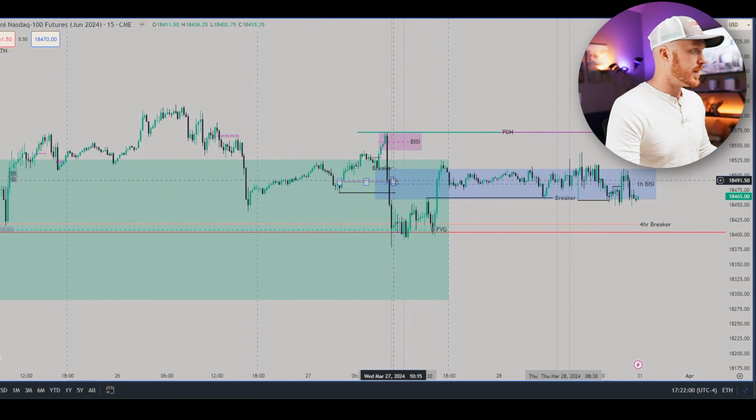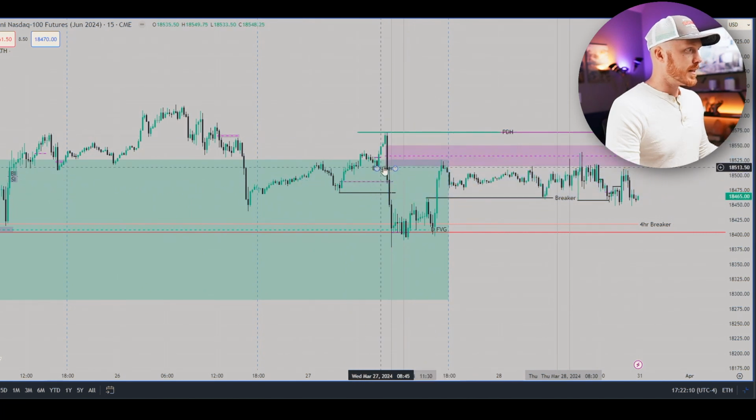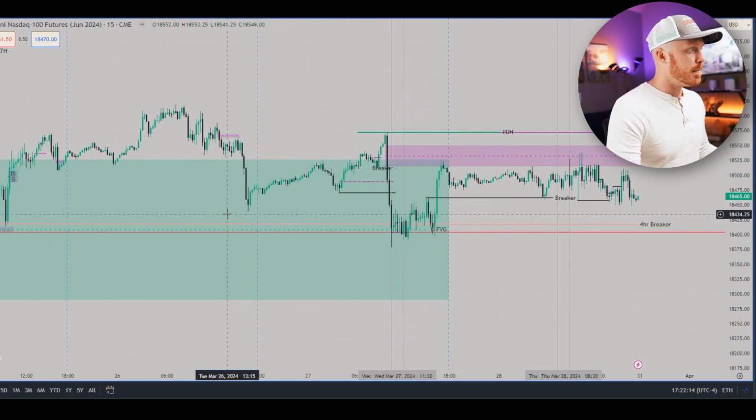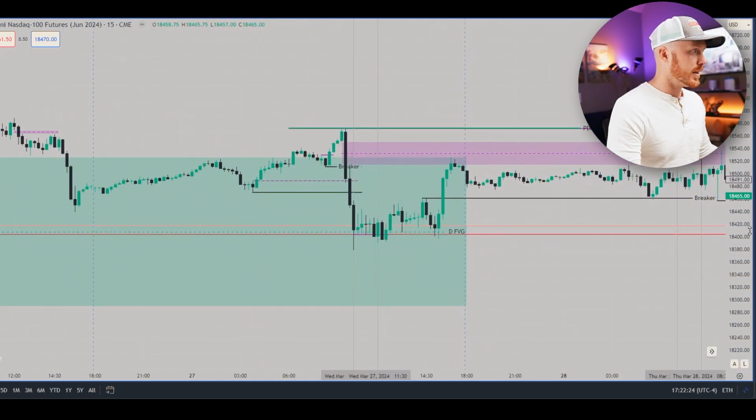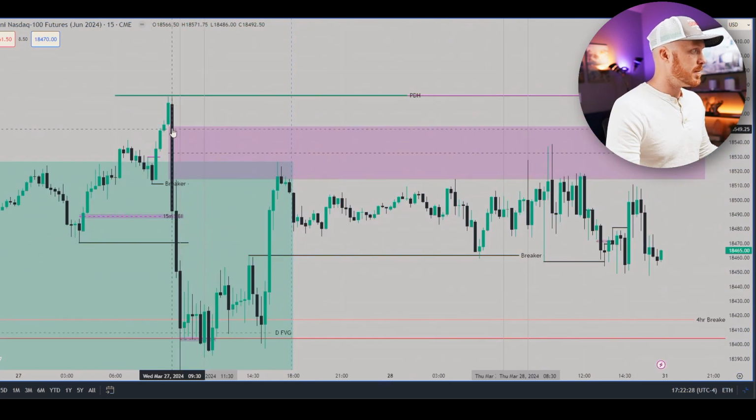Here we are, the 15-minute. If we go to the 15-minute, this is going to be nice and pretty. This is the imbalance that price moved up after it made this lower low. We have a lower low from this low right here. We began to move up higher. We moved up into, take a look, this 15-minute fair value gap. Now guess what this 15-minute fair value gap also is?